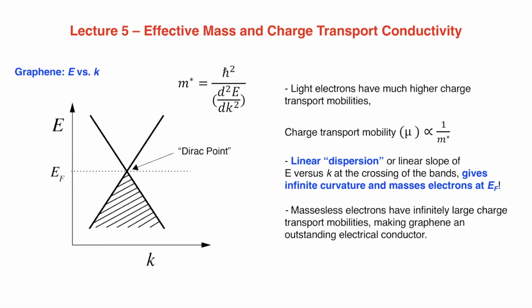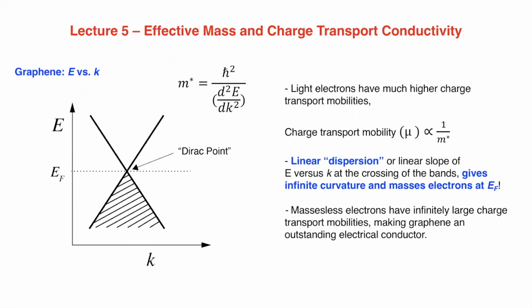And so if the Fermi energy sits right at the Dirac point and the curvature is infinite, then electrons at that point are massless. And the masslessness means that the charge transport mobilities are infinitely high. And so that is a really cool property of these diagrams.